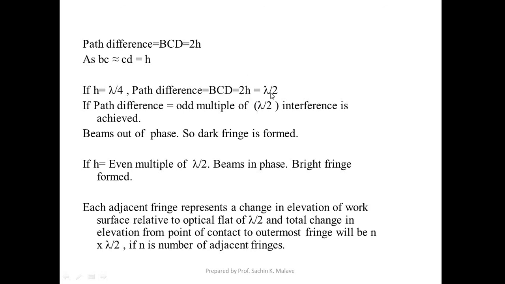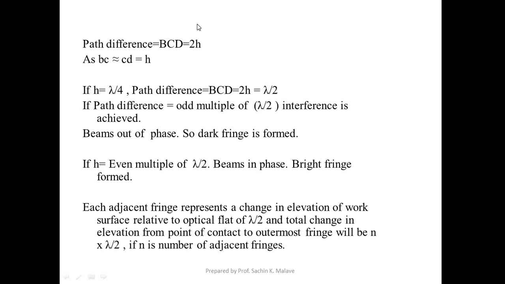So 2H is going to be equal to lambda, and lambda is nothing but 2 times lambda by 2, which is an even multiple of lambda by 2. If the path difference is an even multiple of lambda by 2, we are going to get constructive interference, that's why a bright line will be seen. Obviously you are going to get a set of fringes with alternate dark fringe, white fringe, dark fringe, white fringe.